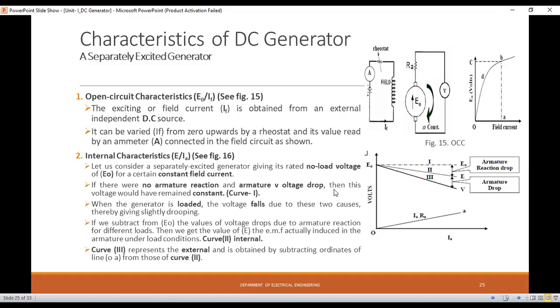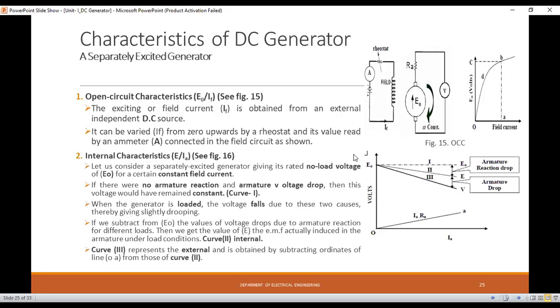Let us consider a separately excited generator giving its rated no load voltage of E0 for a certain constant field current IF. A separately excited DC generator at a constant field current IF induces some EMF. This induced no load EMF is represented by E0.